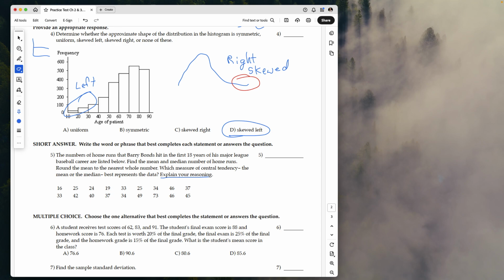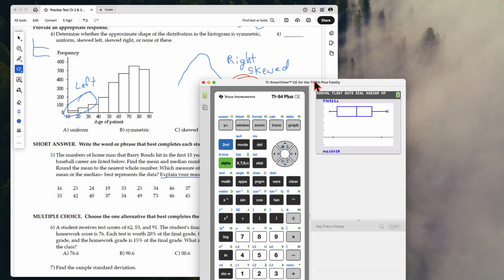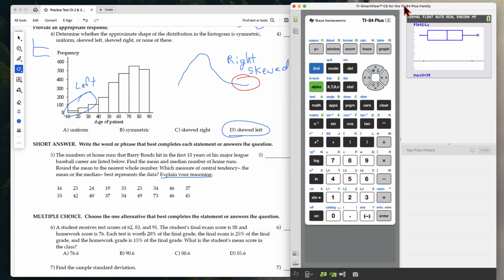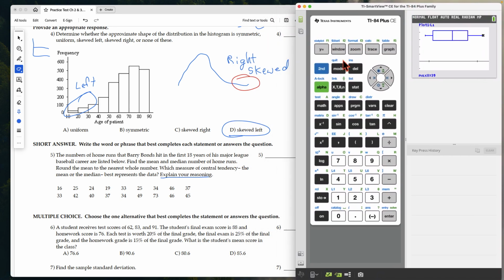It's coming. There it is. Okay, so I'll bring it down to this window. Still remembers what we did last time.